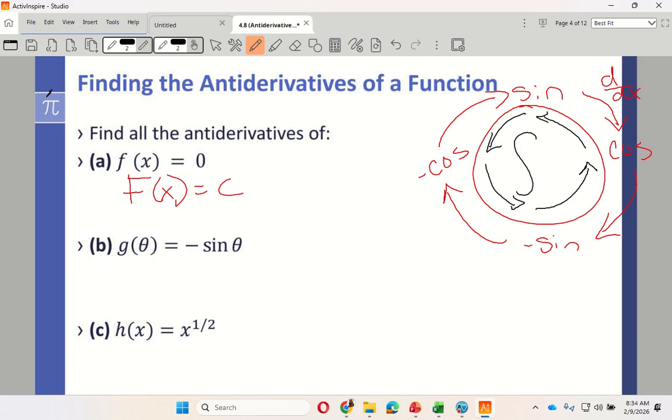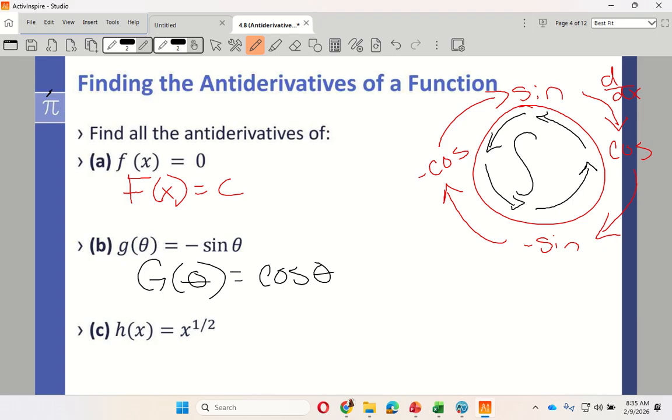So if I'm starting with negative sine theta, my integration or my antiderivative is going to give me capital G of theta is equal to positive cosine theta. Anything else? No? Victor, is this correct? Yeah. Kisnan, is this one correct?